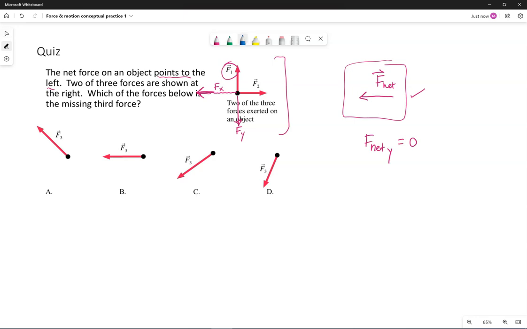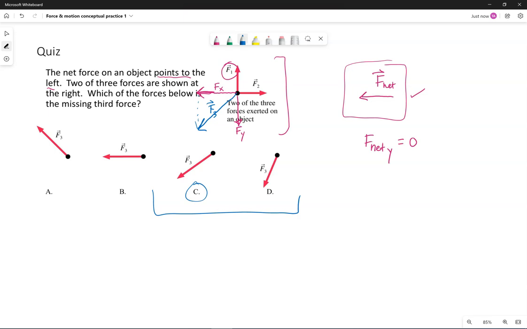But we know that a vector that has an x and a y component, if I draw them head to tail, this vector would have to point down and to the left. So option A is not valid, option B is not valid. We need to choose between C and D. Hopefully, we can see that option C needs to be correct.